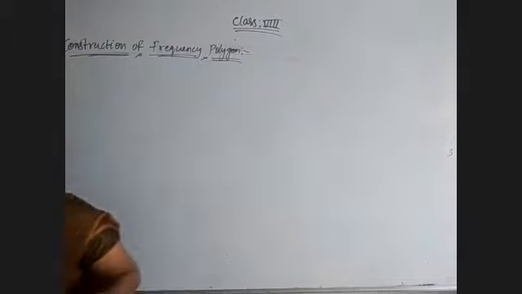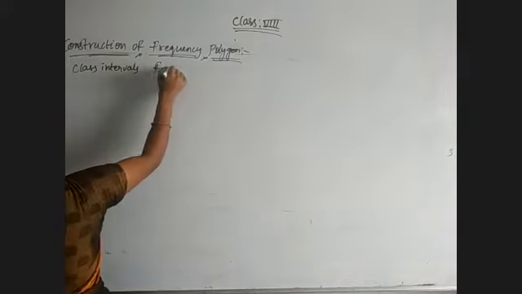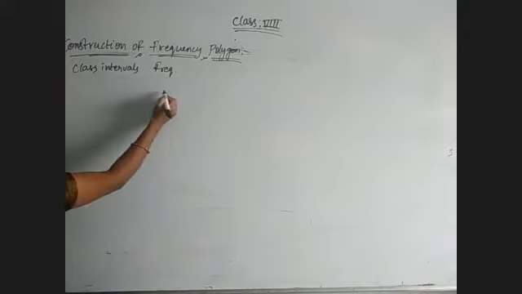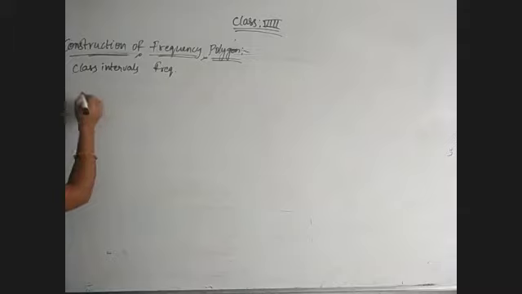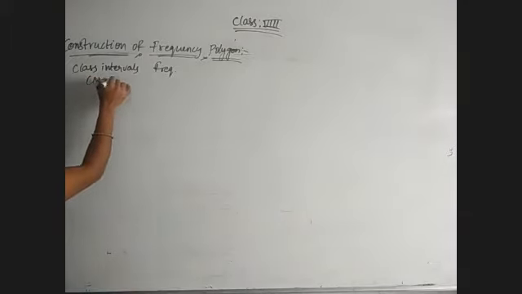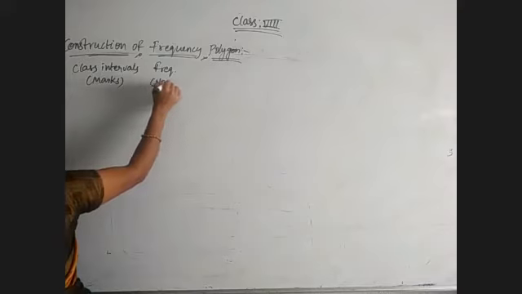Okay, now just observe this. Here I am directly writing class intervals. This is the given data: class intervals and frequency. Here class intervals are for marks and frequency is for number of students.